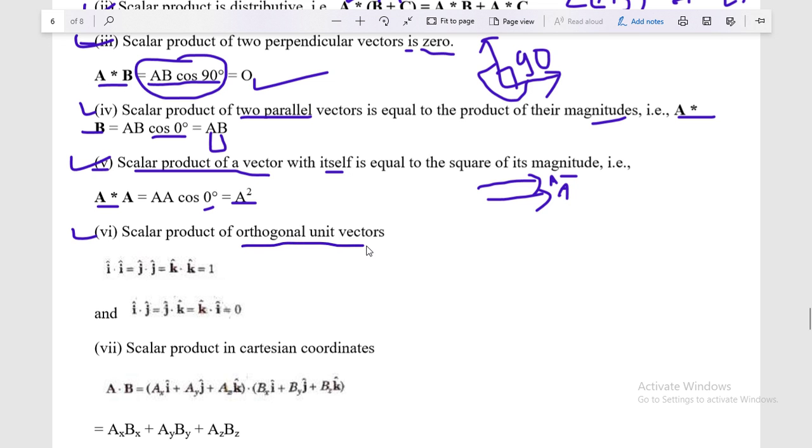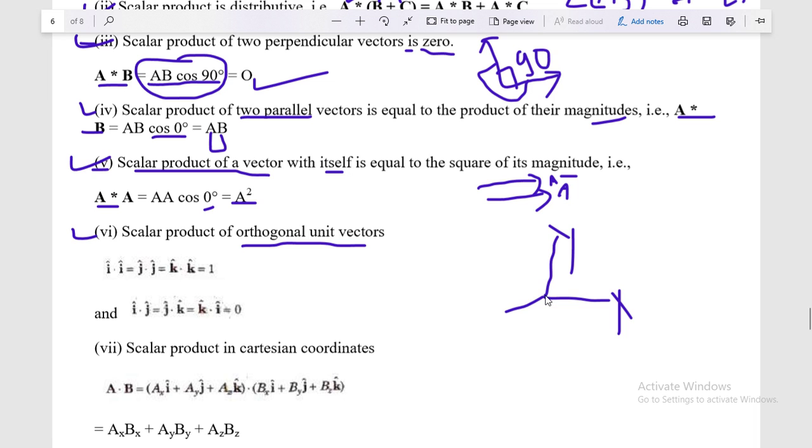We have discussed orthogonal unit vectors, but let us revise. You know that there are x, y and z axes, and these axes are perpendicular to each other. It means they are at 90 degree to each other: x axis, y axis, and this z axis is perpendicular and outward to the plane of paper.